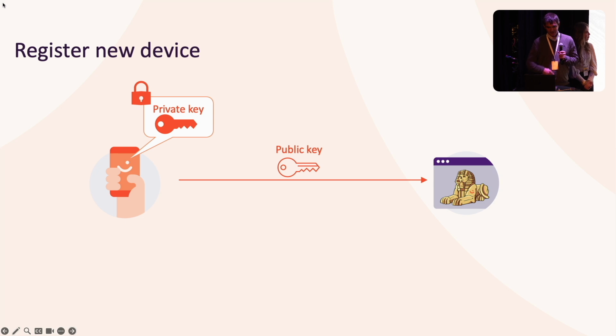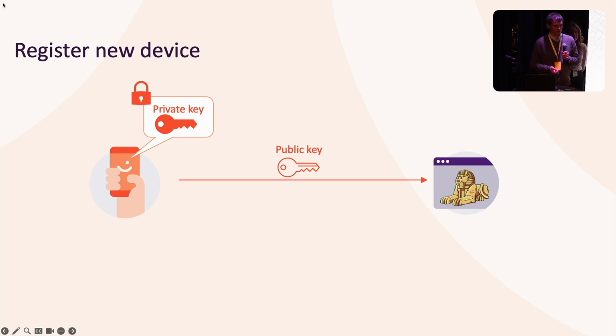The first API call the app makes transmits a public key. It has generated a key pair locally on the crypto processor that is present in all modern phones. The private part is stored inside the crypto processor and can't be extracted from there, and the public key is sent to Vipps.